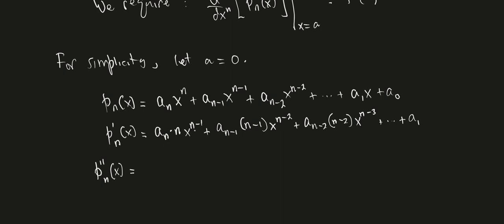So when I differentiate again, this a sub n comes down, the n comes down, the n minus 1 comes down, and then I'll have x to the n minus 2, again subtracting 1. And then this term I would have a sub n minus 1 times the quantity n minus 1, bring down that power, and reduce that power by 1. That's our power rule for derivatives.